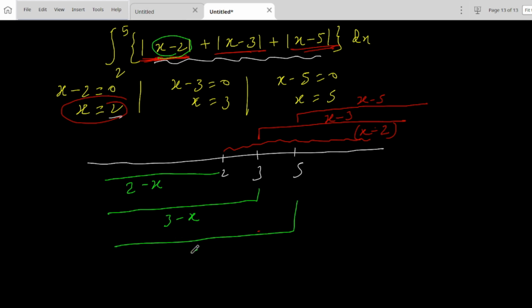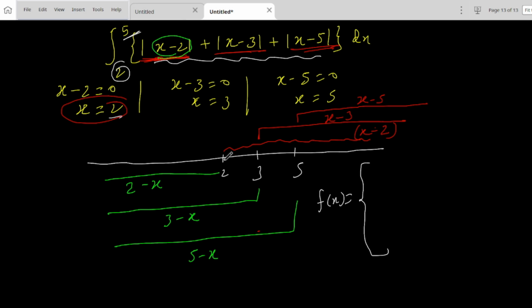Now we will see how we can generate the entire expression. So f(x) can be written in parts. Why? Because the lower limit is 2 and the upper limit is 5.